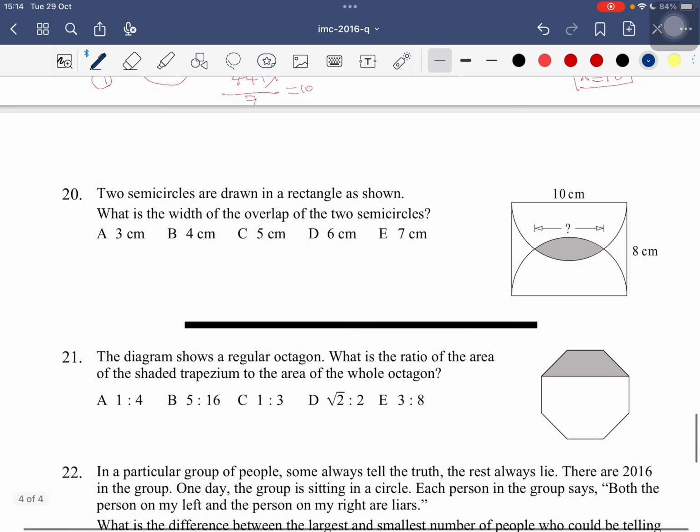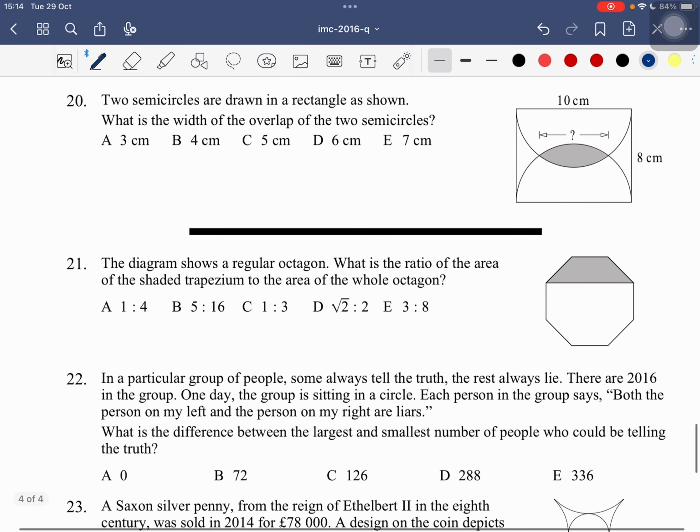Number 20. Two semicircles are drawn on a rectangle as shown, 8 and 10. So this is 5, and this is 5, and this is 4. Because this is an isosceles triangle, when an isosceles triangle has this perpendicular line, then it bisects. Or the bisector is perpendicular.